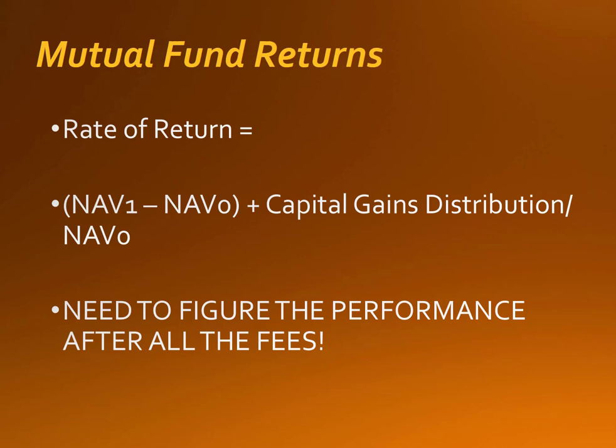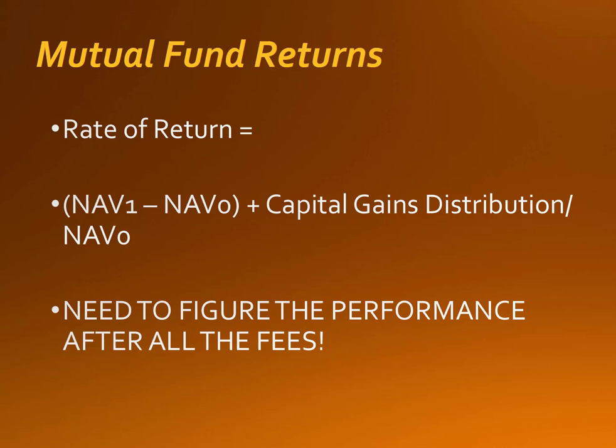So when you look at the returns on Morningstar, be sure to understand you need to take into account the costs. That is not the actual return you get when you look at the performance. Take away the fees, such as the load, the operating expenses, and even the financial advisor fees from your original investment. Okay?